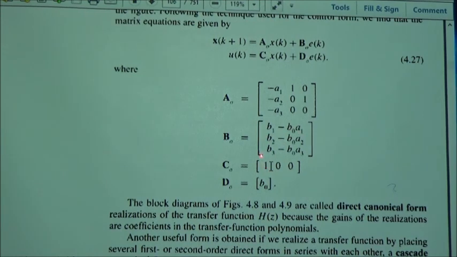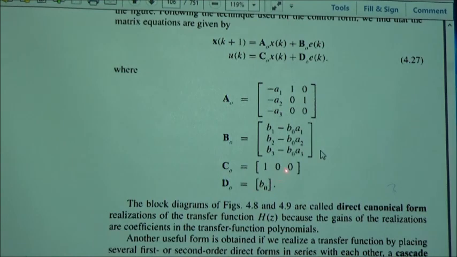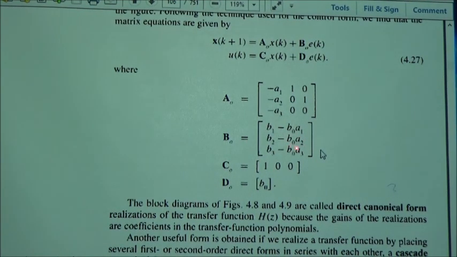So now remember in the controllable canonical form, the C matrix was in the form of all these terms. Now the B matrix looks like that. So what you see here is that C of the observable form is the transpose of B of the controllable form, and B of the observable form is the transpose of C of the controllable form.